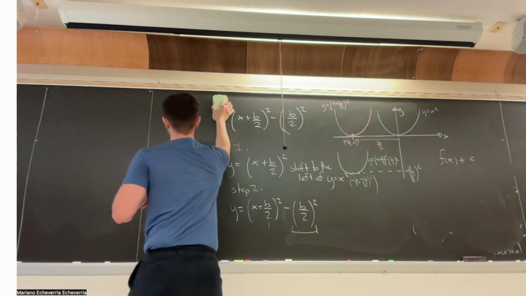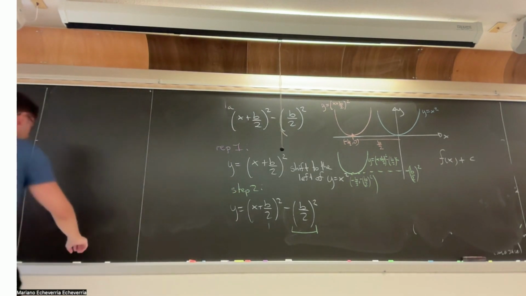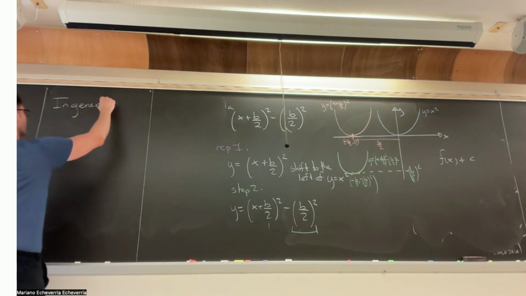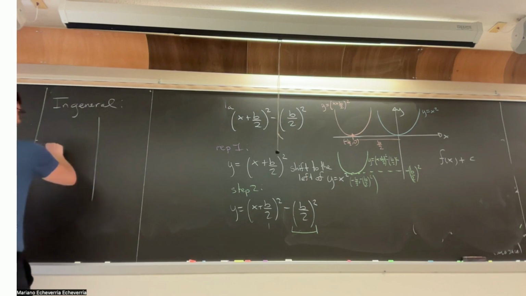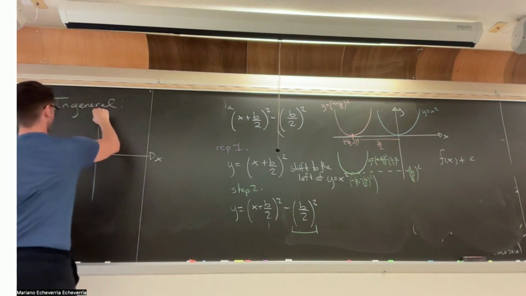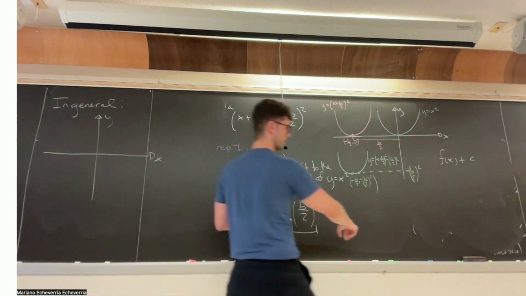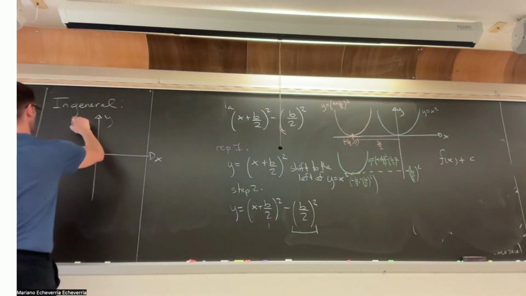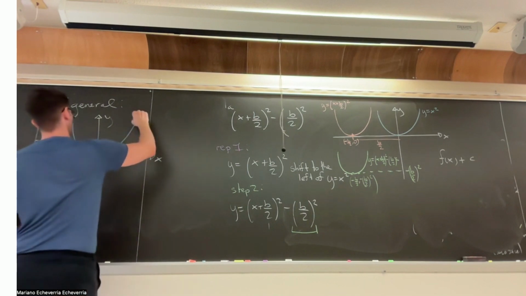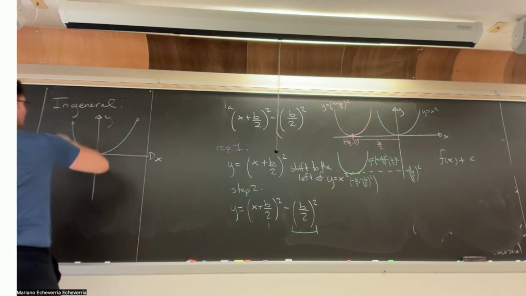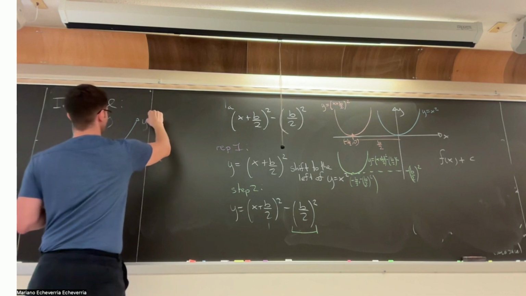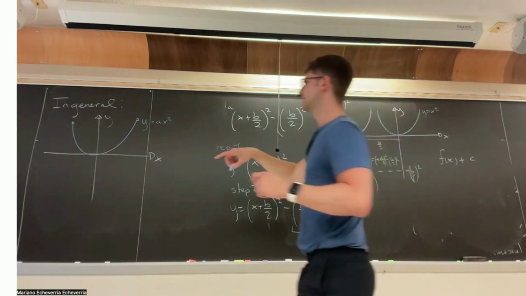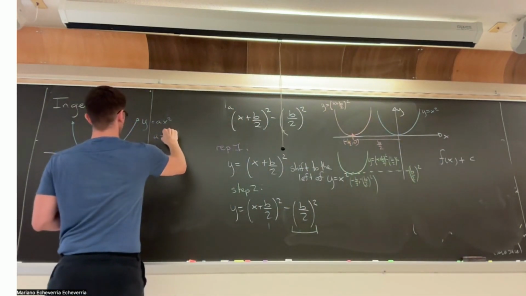So what I'm saying is what happens in general. In general, if you have a parabola which is y equals a x squared, here a has to be positive for it to be happy. So here a is positive.